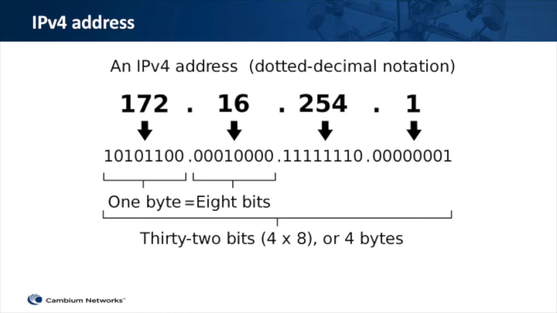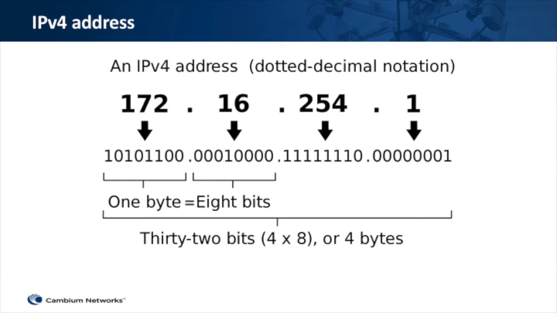So, just a quick overview to recall what the IPv4 address format is. It is 4 bytes. 1 byte is 8 bits, making it 32 bits of the IPv4 address.